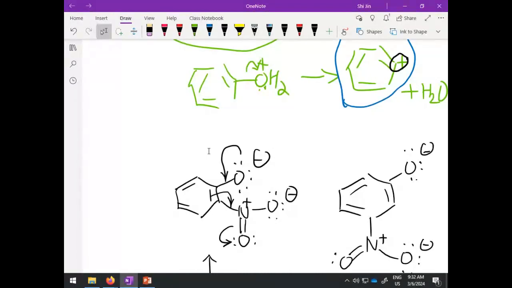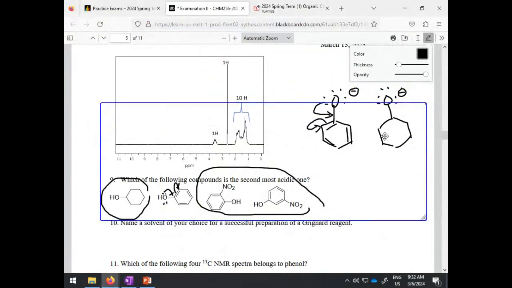If the base is less basic, the conjugate acid will be more acidic. So this means you can create a ranking. This is the most acidic one, this is the second most acidic one, and this is the third most acidic one. Then you can answer the question.